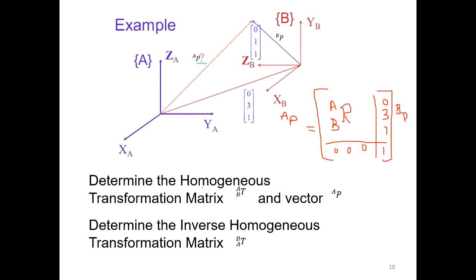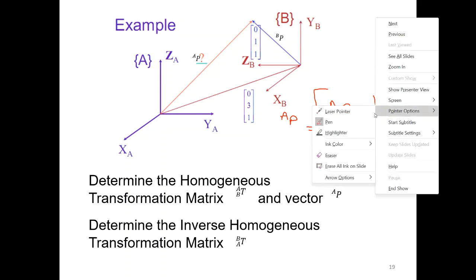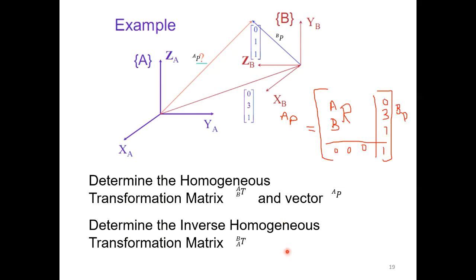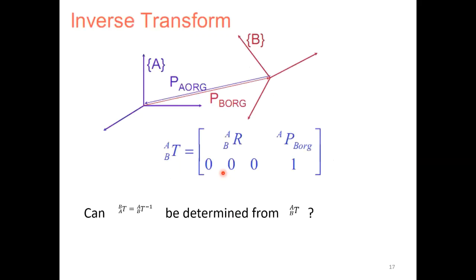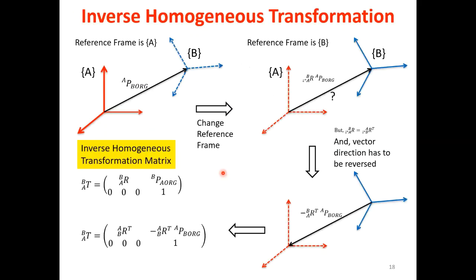After that, the second part is to determine the inverse homogeneous transformation matrix. For that also we have the standard equation. Remember, you can get the inverse homogeneous transformation matrix once you know the forward transformation and also the origin of the second frame.